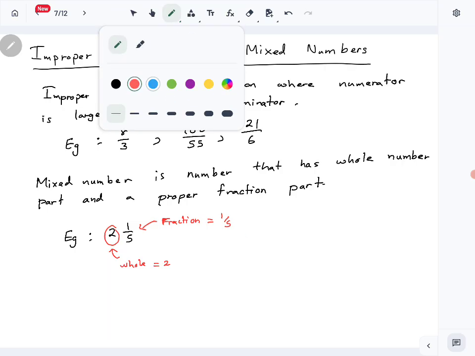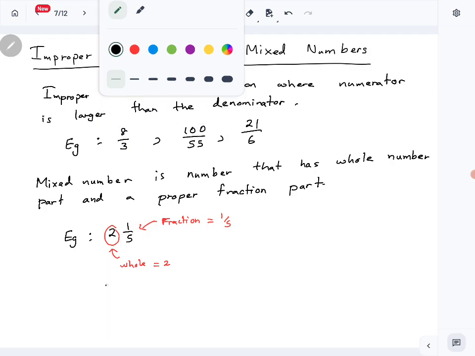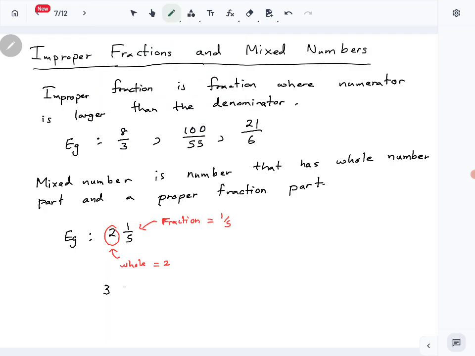So then let's do another example. 3 and, let's say, 2/7. 3 and 2/7. So in this one, the whole number is 3 and the fraction part is 2/7. So this is a mixed number.